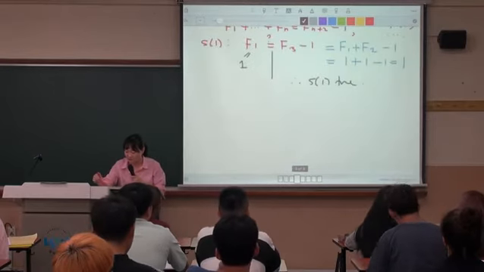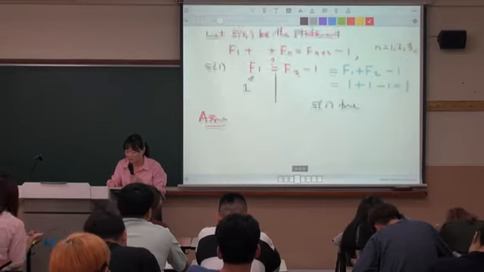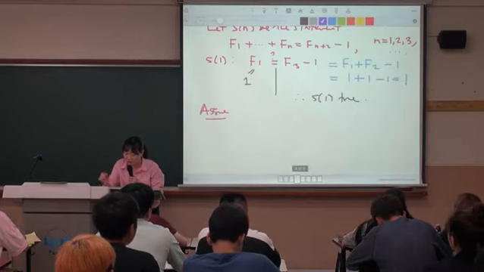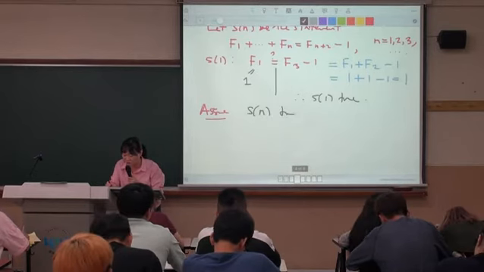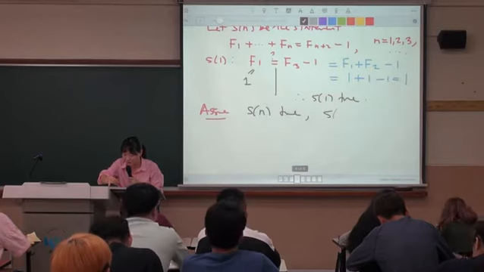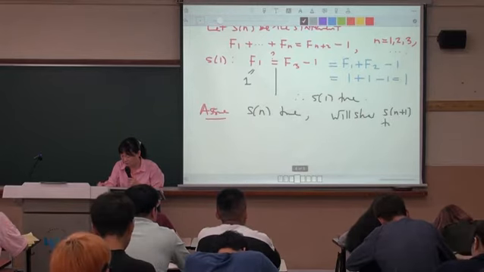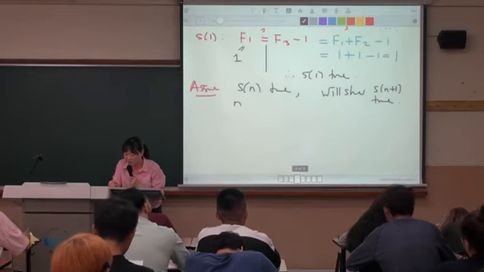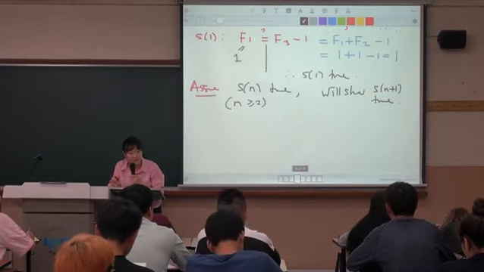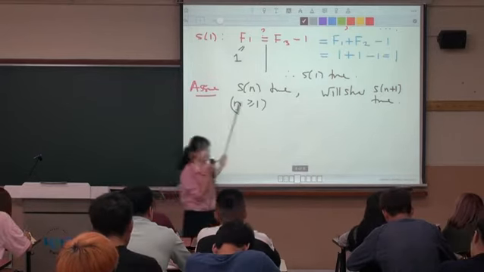So S1 is true. So we'll assume, what do we assume? S n true. We'll show S n plus 1 true. So this n is bigger than what? Since 1 is shown, we start from here, right?